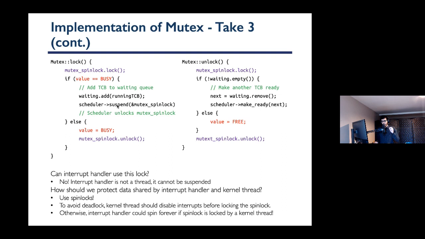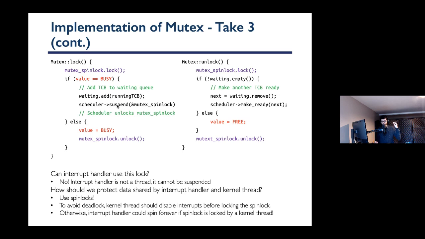Now, that brings another issue. There is no problem using spin locks because they don't treat the code as threads. That's one good thing about them. But we have to avoid deadlocks. If we use spin locks, there could be a condition where we have a deadlock.